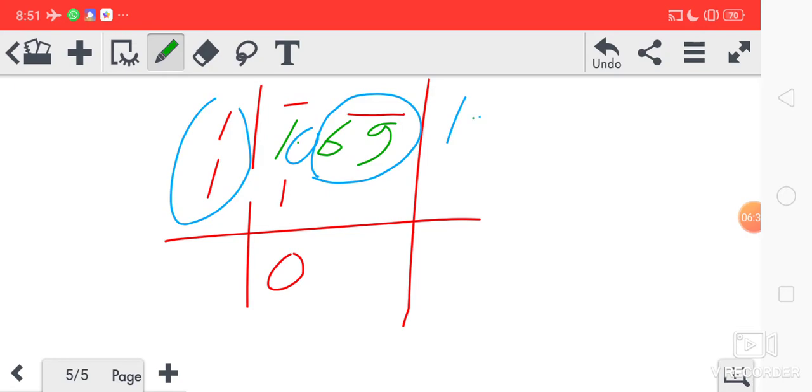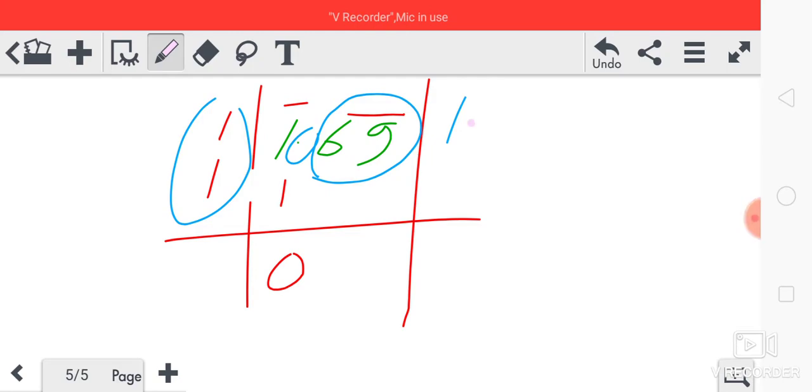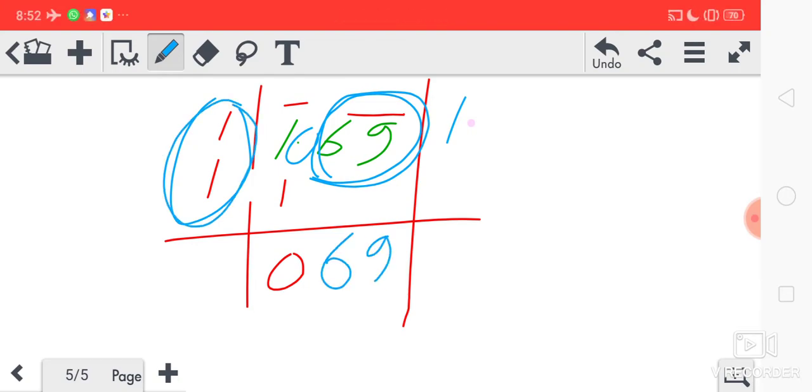Got it? So we put the decimal here. Now this 69 will come down here. Now this 1 and 1 will add, it will become 1 plus 1, 2. Now which number should we take?